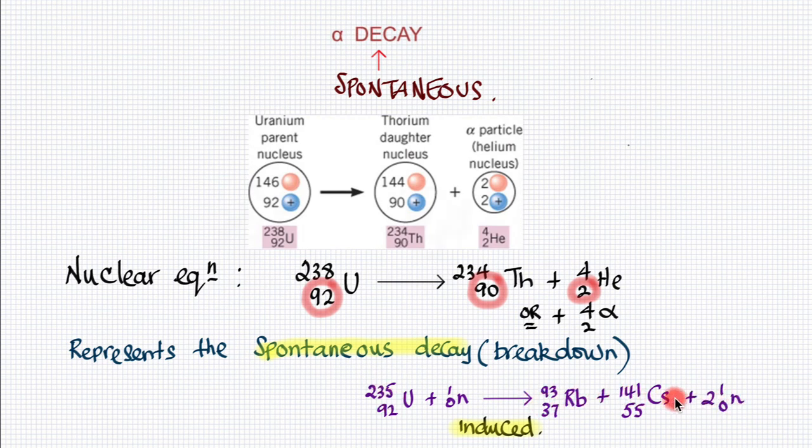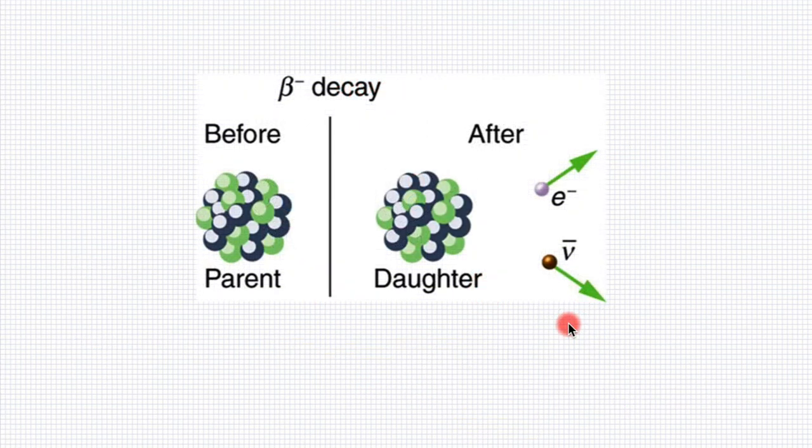So another type of decay happens as a consequence of not the strong nuclear force weakening, but the weak nuclear force becoming unstable and therefore producing an unstable nucleus.